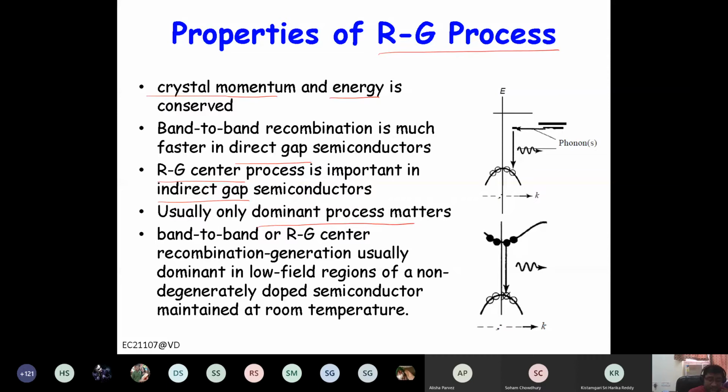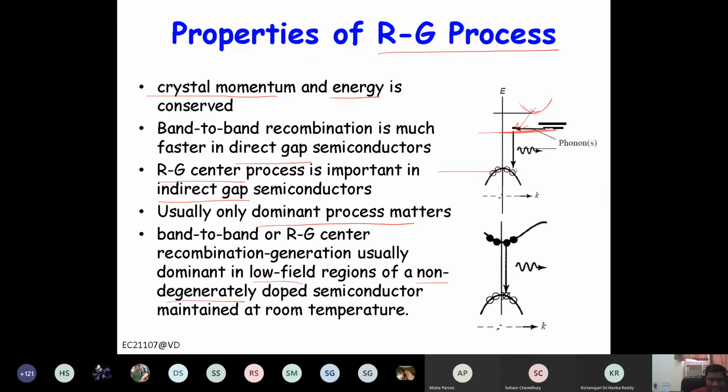If you have a low field region or non-degenerate, meaning low doped, semiconductors, these two processes will dominate. But if you increase the doping and inject high carrier concentration, then other processes like Auger will come into the picture. On the right side, you can see this is a trap level, and the electron is coming from the conduction band to the trap, and from the trap to the valence band.